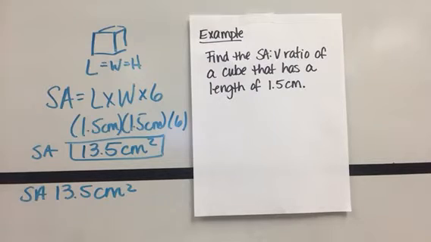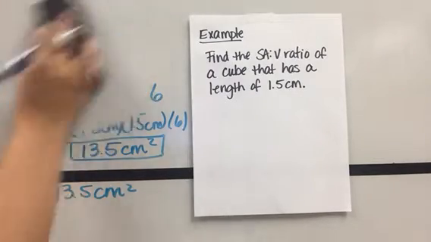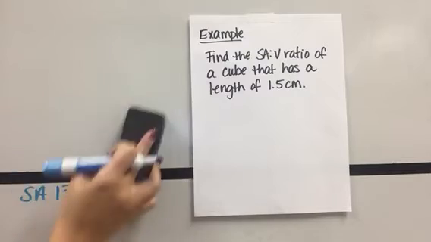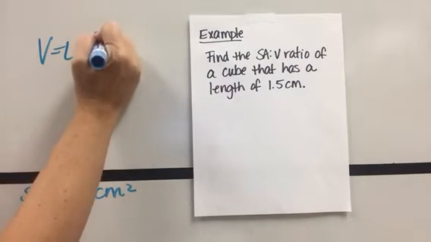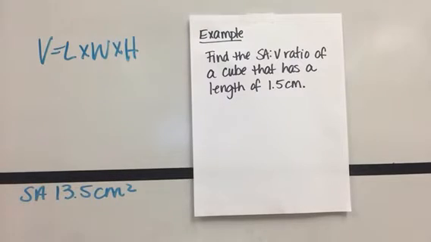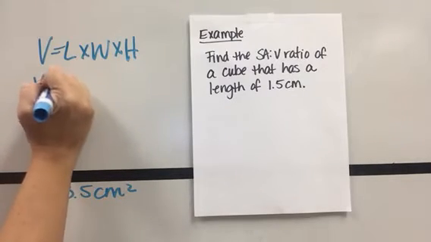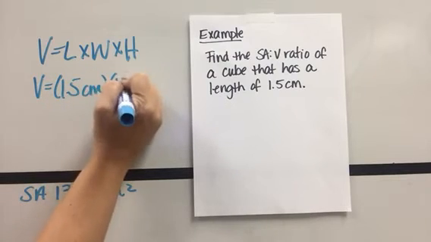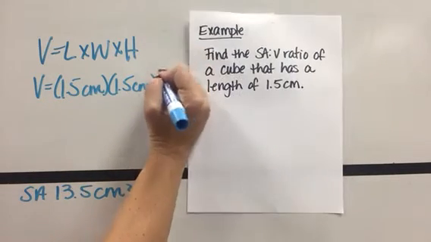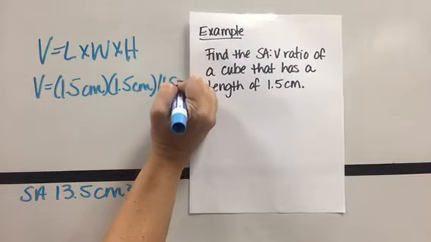So now we want to solve for the volume. So volume is length times width times height. So our volume is going to be 1.5 centimeters times 1.5 centimeters times 1.5 centimeters.